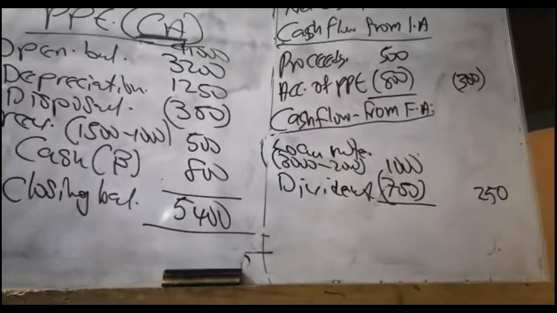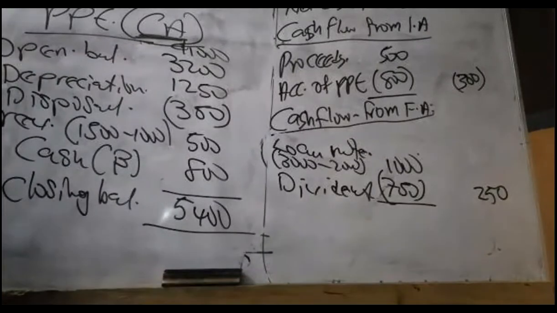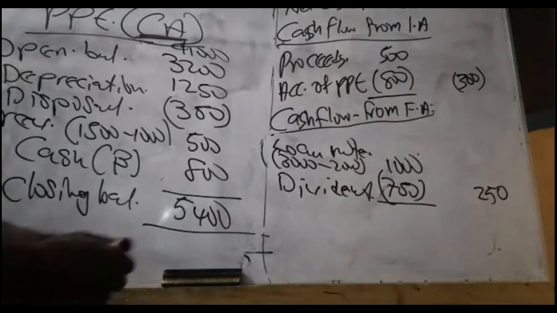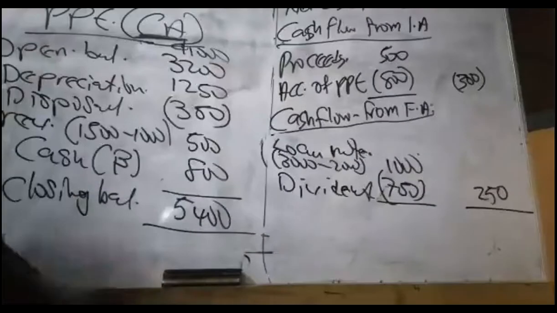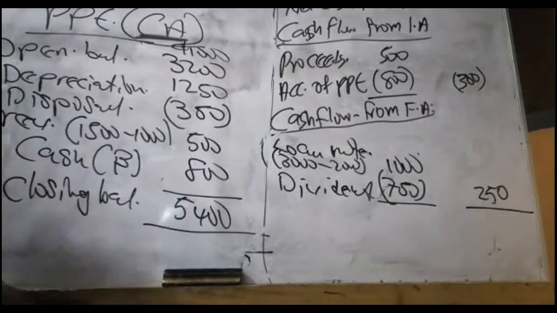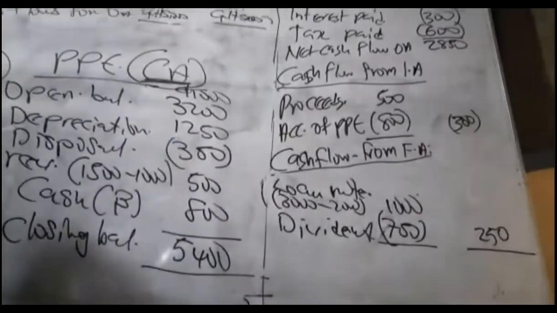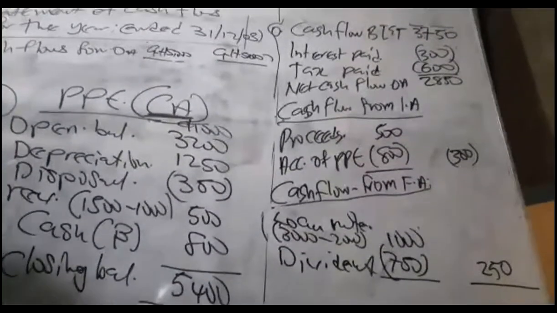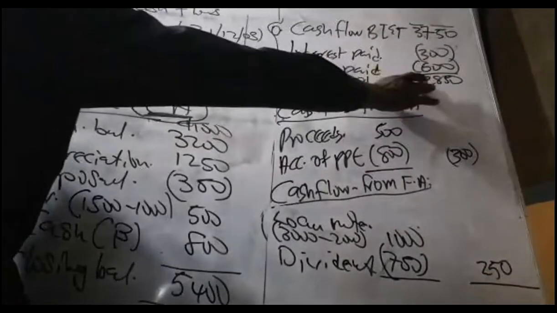You can score 3 marks even if there are errors in the calculation. So what we have to do is this. We have to underline this one, then sum all up, starting from the net from operating activity, investing, and financing.